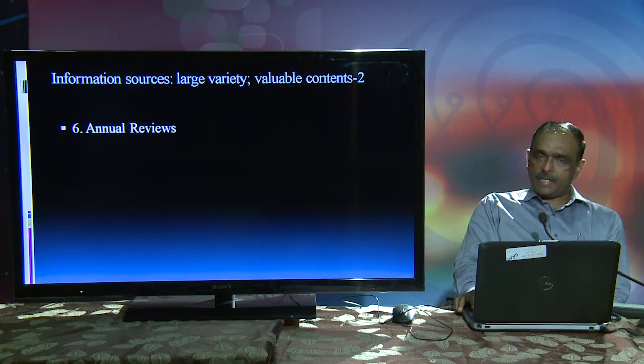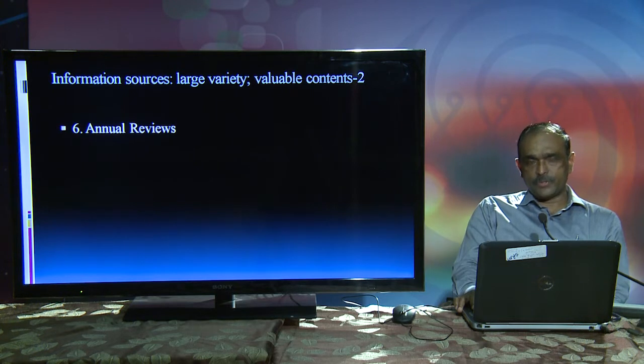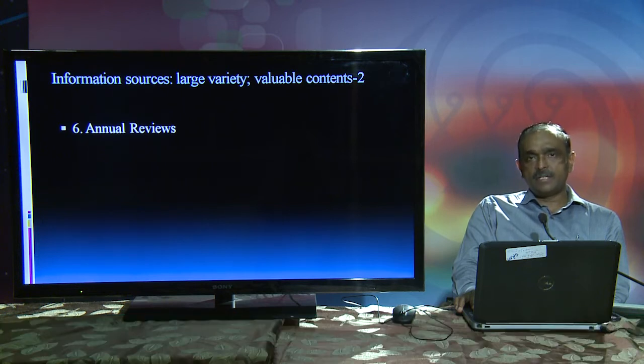Friends, there are other sources which are very useful for reviewing purpose, and one of them is annual reviews. Annual reviews, as their name suggests, are published every year, and they provide detailed review of the literature that has been published on a particular topic. Some of those annual reviews review the literature published in that particular year.